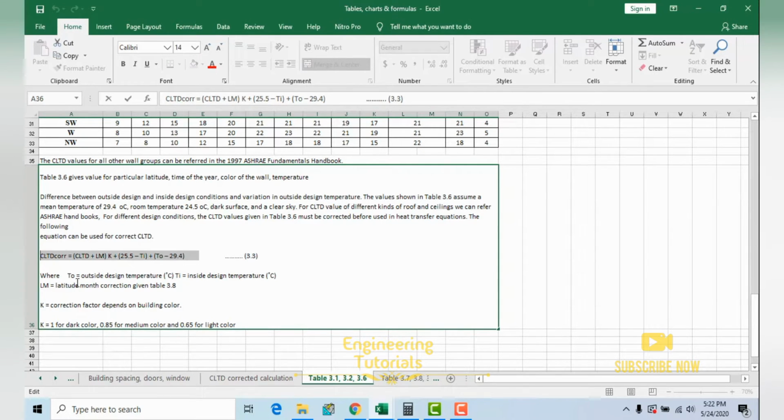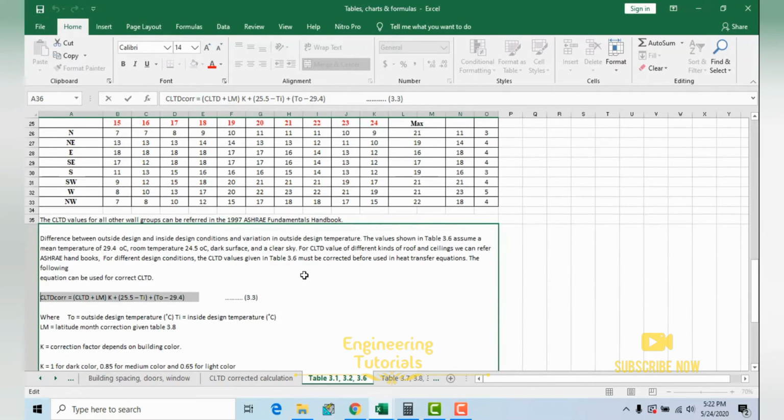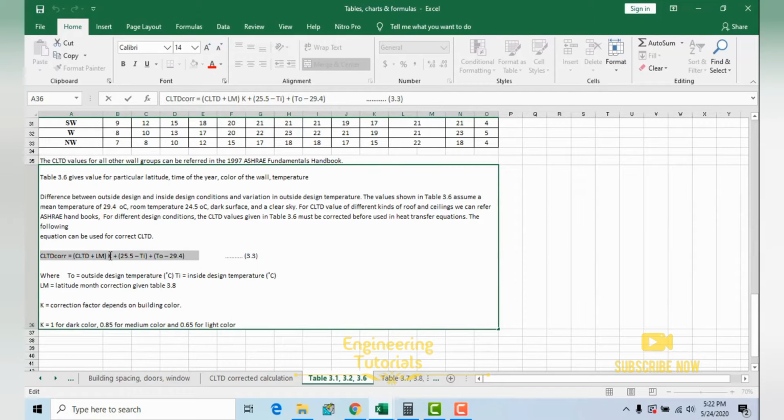Here LM is the latitude month correction. CLTD is the uncorrected value you can get from this table or another table I will show you later. And K is the correction factor depending on the building color. K is 1 for dark color, 0.8 for medium, and 0.65 for the light color. Since we have dark color walls, we are going to use K equal to 1. TI is the inside design temperature and T0 is the outside design temperature.